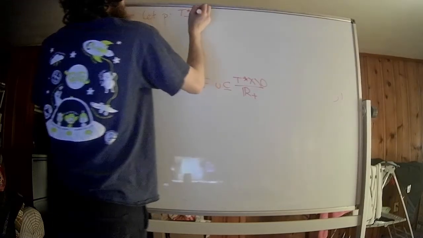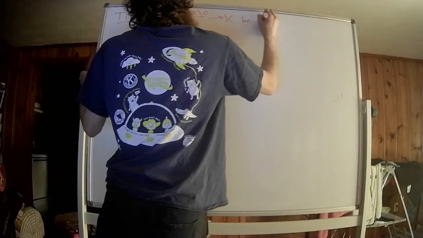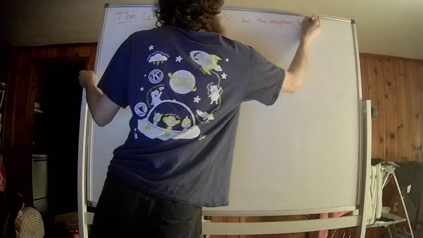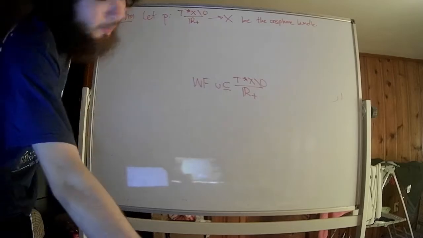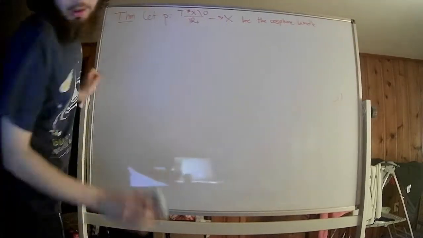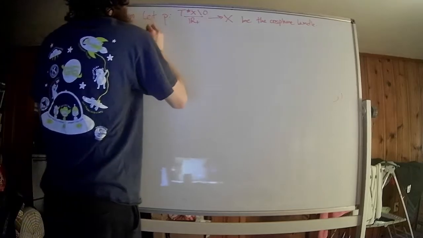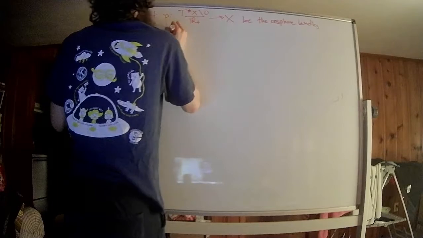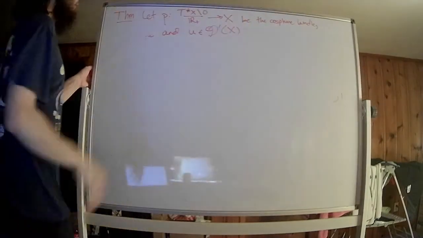I'm going to cheat and use this quotient again. So let's say P is the projection that defines the cosphere bundle, and U is a distribution on X. Again, X is just some C infinity manifold.